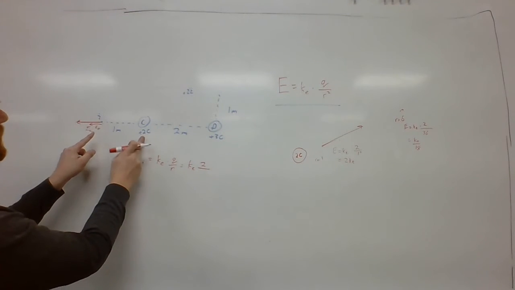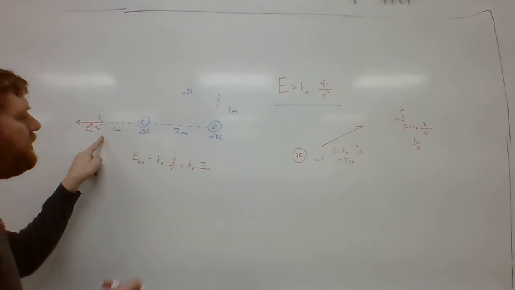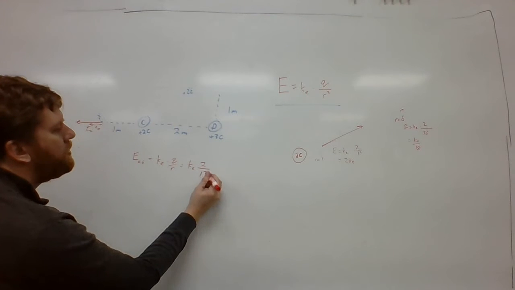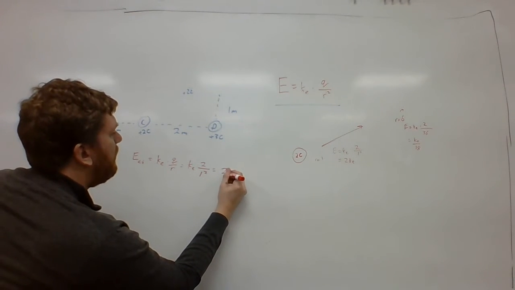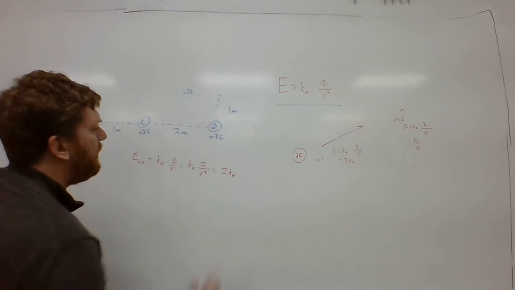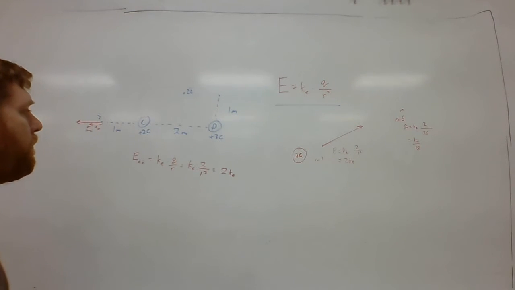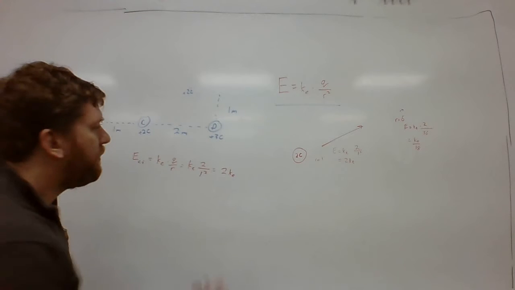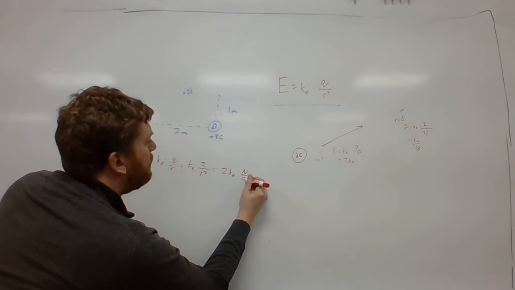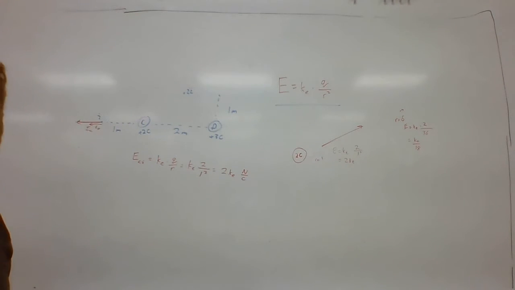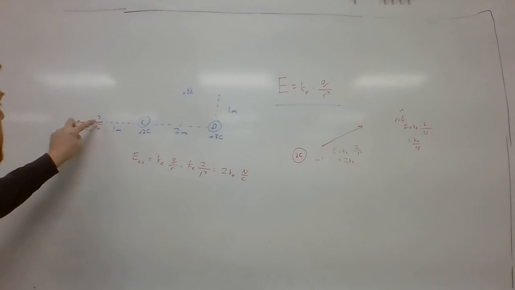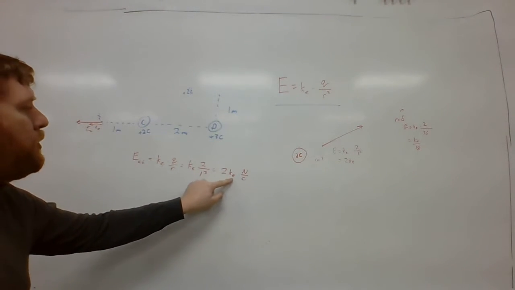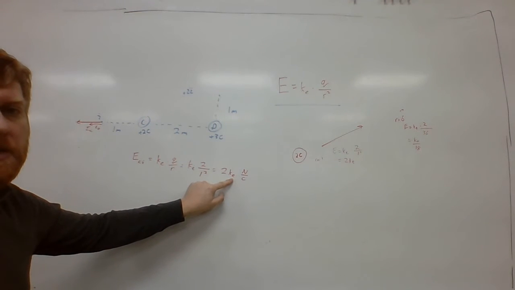My distance between my source and the point of interest is 1 meter, so I'm going to say 1 meter squared. My total electric field is 2 K sub E. The units of my electric field I could put are newtons per coulomb. So the length of my E sub C vector should be about 2 times Coulomb's constant.